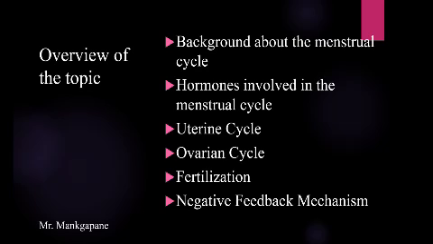We'll also look at the two cycles that we have along with their phases. We'll also look at fertilization, which occurs in the menstrual cycle, not in the human reproduction. And lastly, we'll look at the negative feedback mechanism that occurs between some of the hormones that are included in the menstrual cycle.